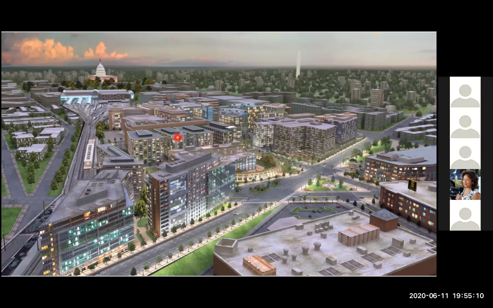So Metro is getting substantial annual income from developers who pay an annual fee to build on Metro-owned land or air rights. And Metro has a very sophisticated real estate department where they make sure they're charging market rate rents for the value of the land that they control.